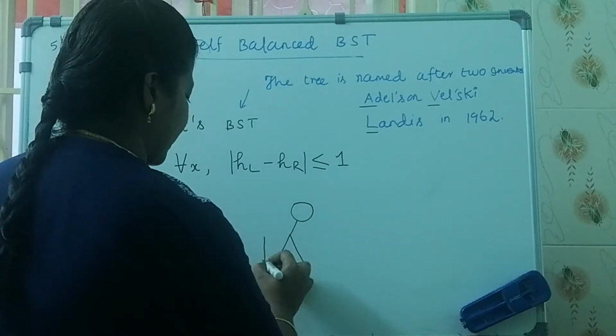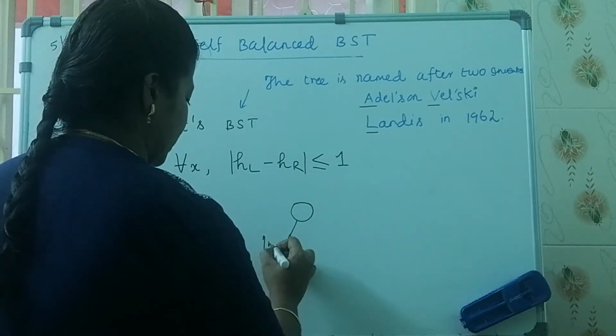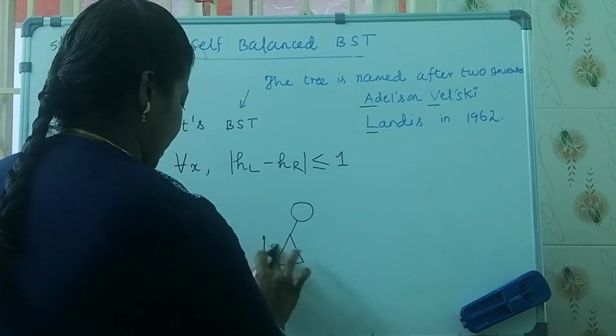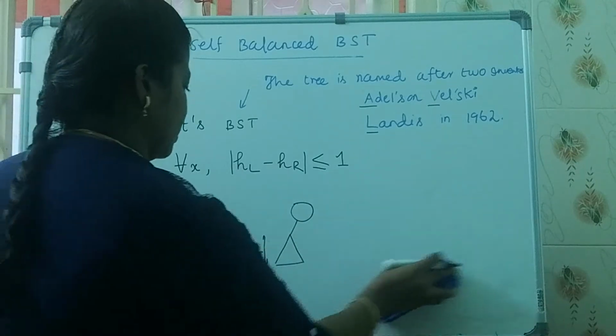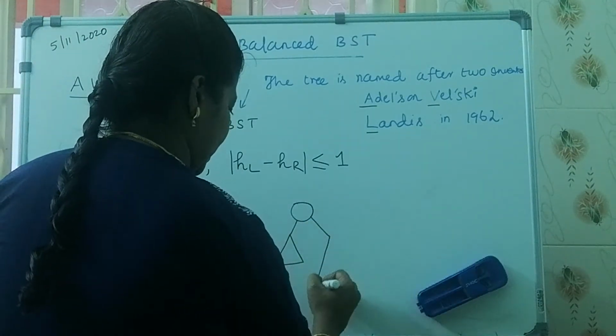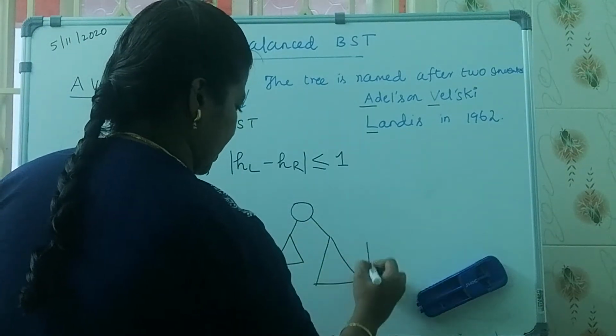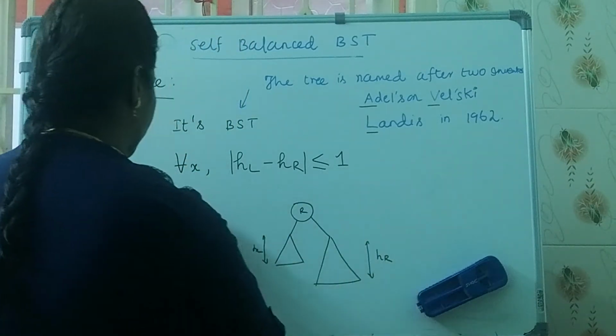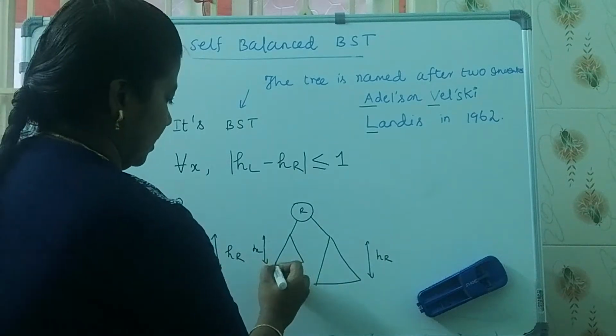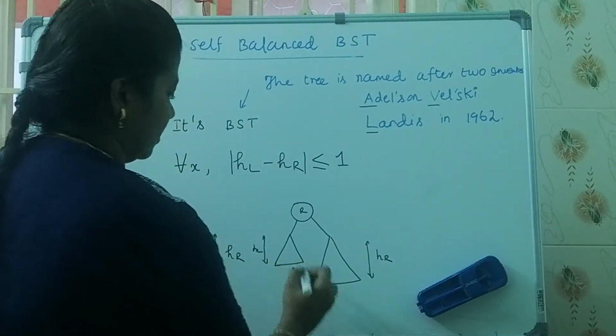Similarly, let us consider the other part. Let's say this is HL, the height of the left subtree, and this is HR, the height of the right subtree, and this is the root node. Now you can see the heights differ.